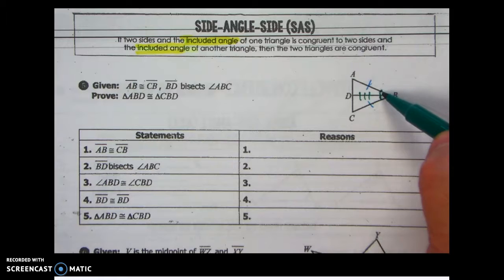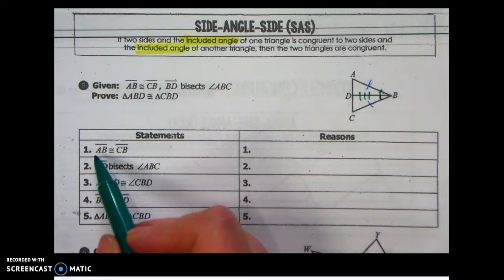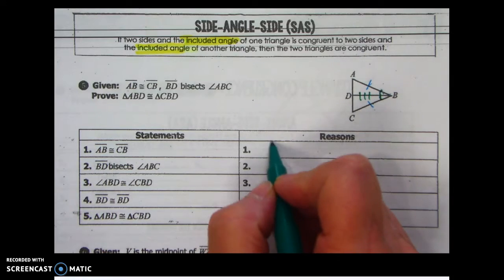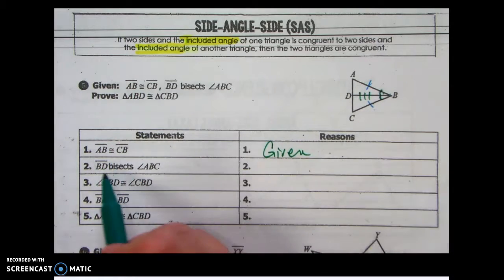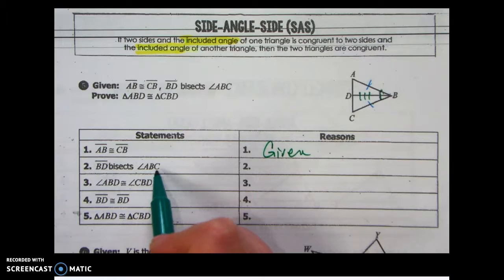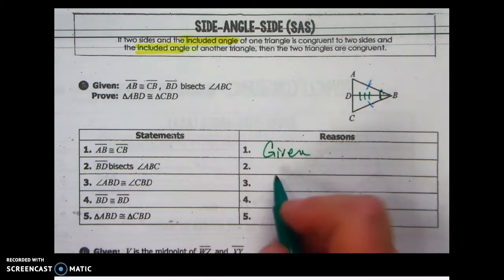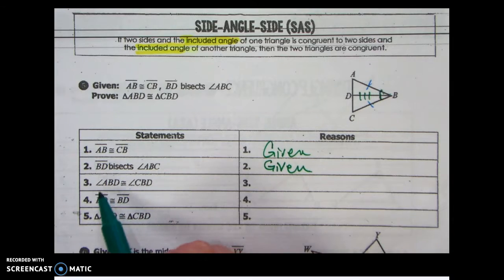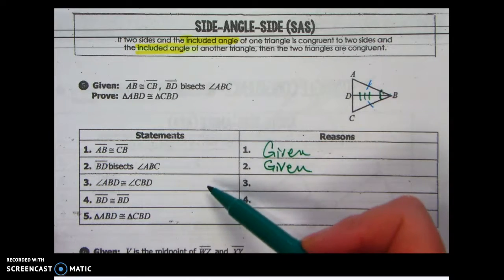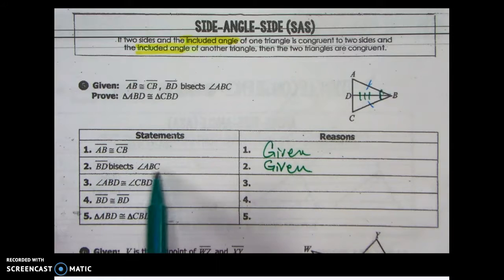So now I have my side, angle, side. So AB is congruent to CB. That was given information because it was right there. BD bisects angle ABC. Again, it's right there. That means it is given information. Now, this is the information that I am pulling because of this bisector.